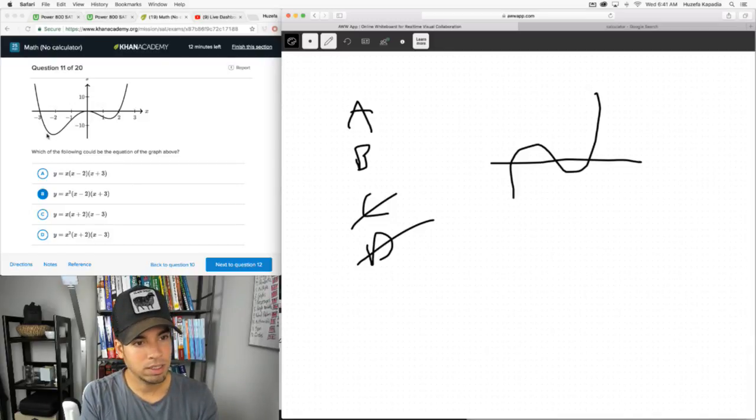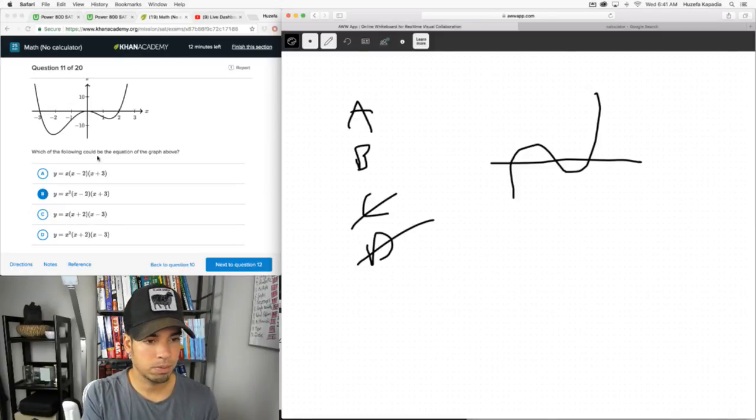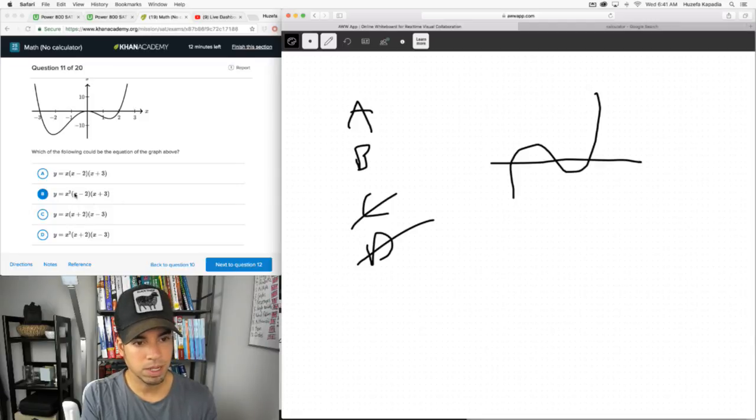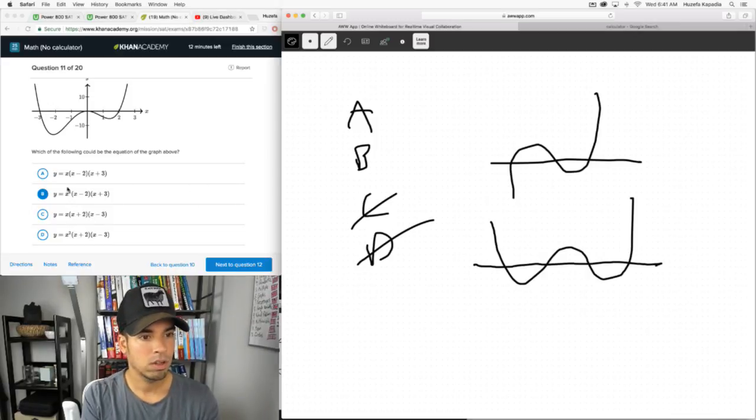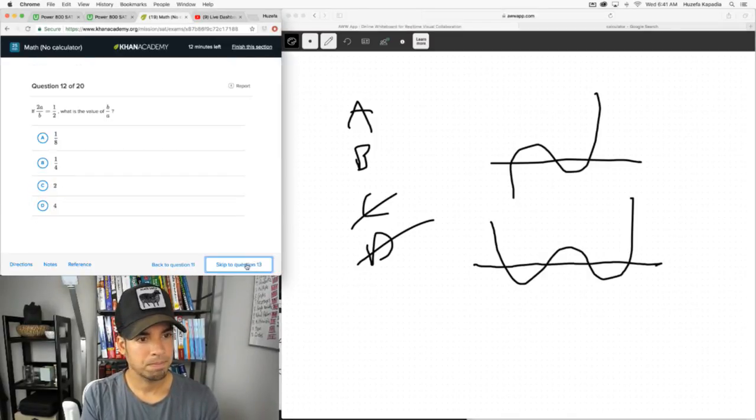You can tell this actually has 3, but it's only because this one just touches it. You see how it's going up and up at both ends because it's an even root. If you multiply this out, it becomes x to the 4th. So that's why I know it has to be this, because really our function is going like this, and it could have 1, 2, 3, 4 zeros. So anyways, it's that guy.